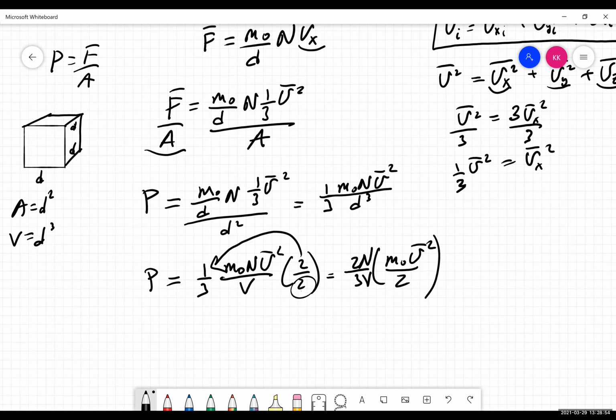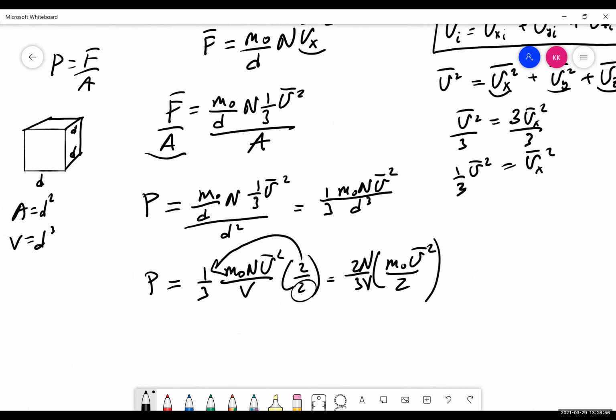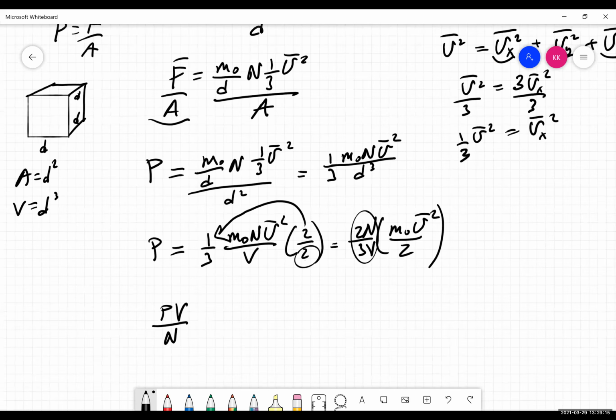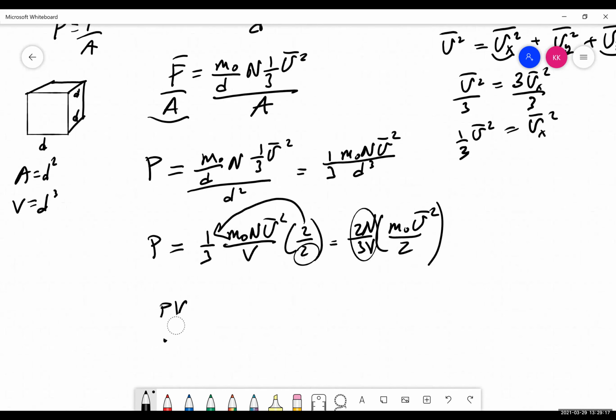But let's still look at what we have. On the left side, I have the pressure, but I'm going to cross multiply, where I move those things to the left. So then I have P times V over N. Actually, let me move just V and keep the N over here.